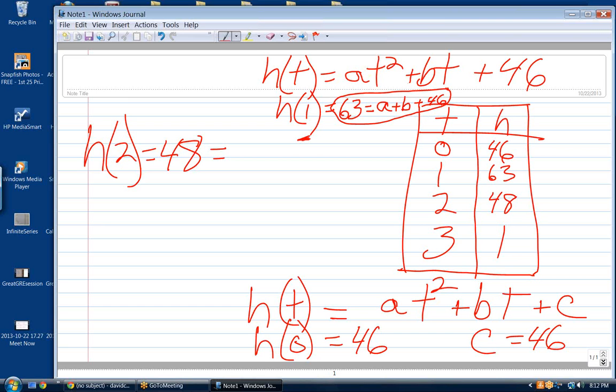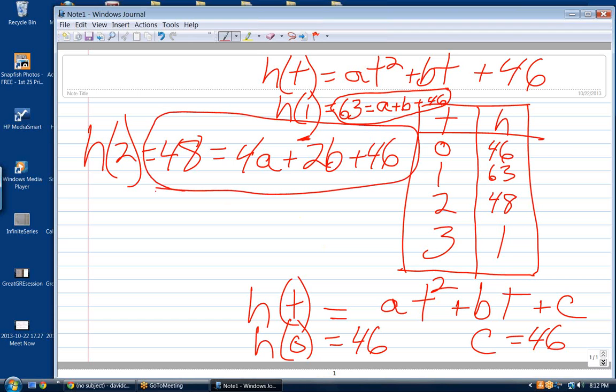Plug in 2 for t. It'd be a times 4, so 4a plus 2b plus 46. There's our second equation. If you have two equations and two unknowns, you can solve for a and b.